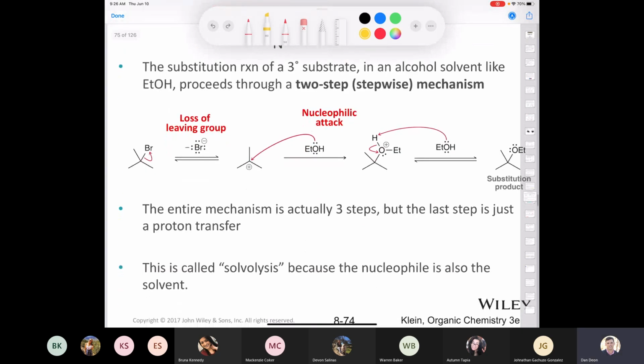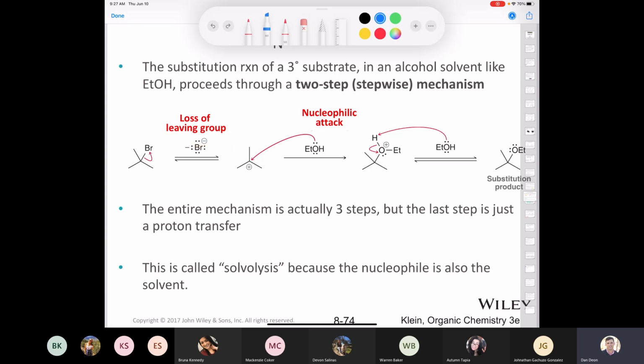So it says here, the substitution reaction of the tertiary substrate in an alcohol solvent like ethanol proceeds through this two-step mechanism. Again, every time we're dealing with an SN1 or an E1 reaction, in this slide we're just focusing on an SN1, but every time we have one of these first-order reactions, the first step is always the loss of leaving group.